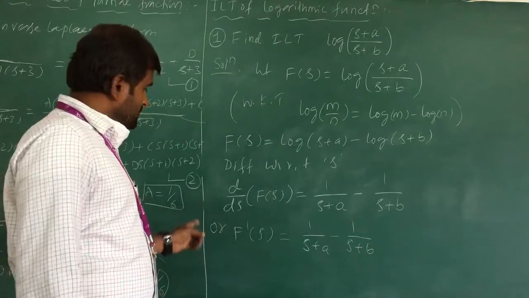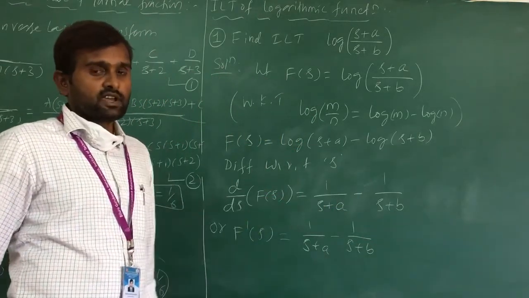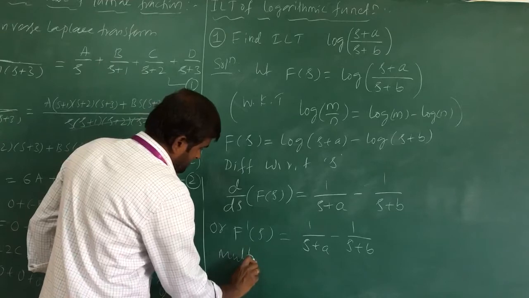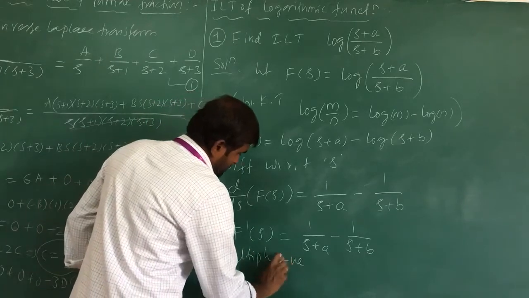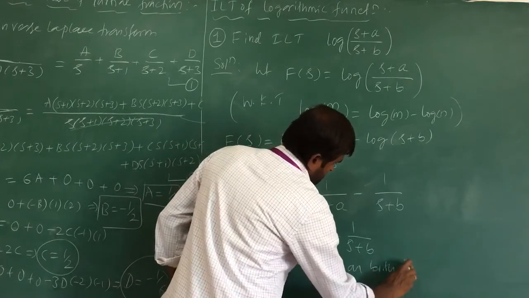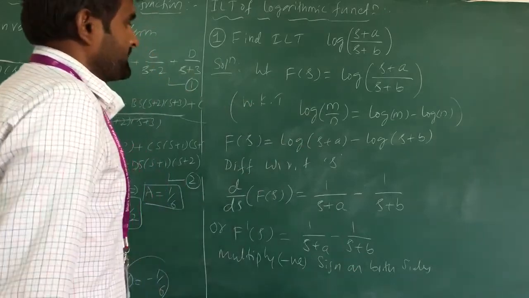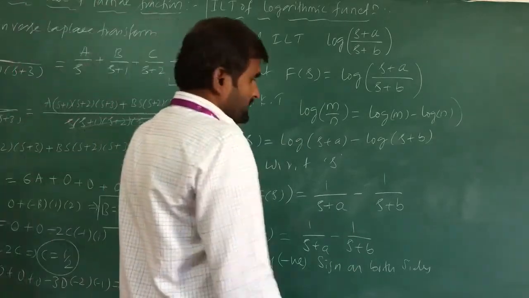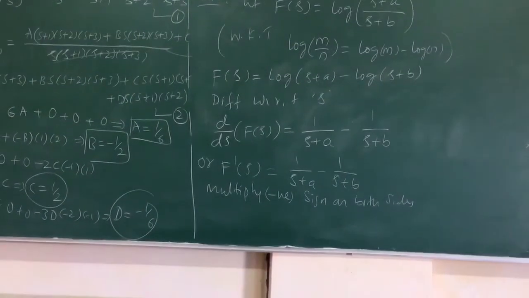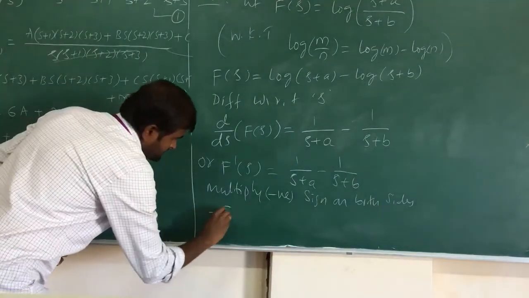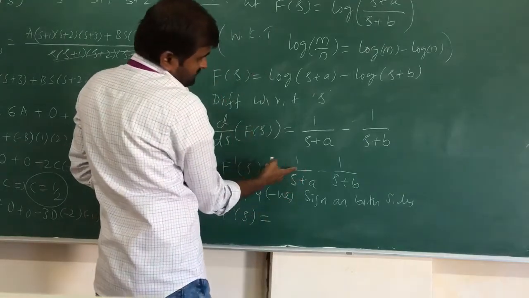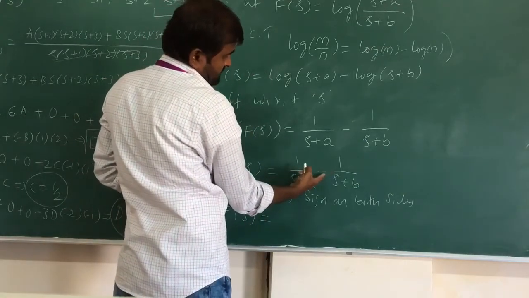Now what we do? Multiply negative sign on both sides, LHS as well as RHS. If you multiply negative on both sides, we get minus f dash of s equal to, so minus and minus becomes plus.